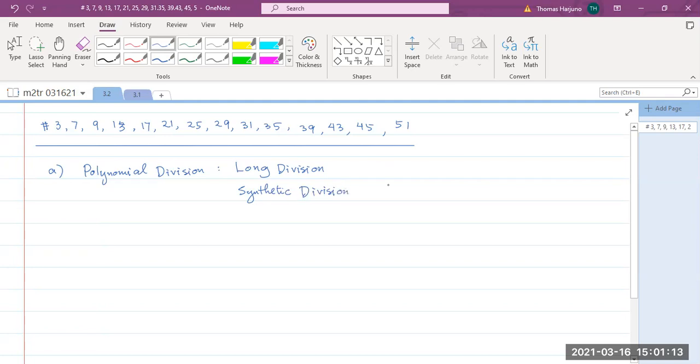Synthetic division can only divide by the form x minus c. Long division is a more general division where a polynomial is divided by another polynomial.